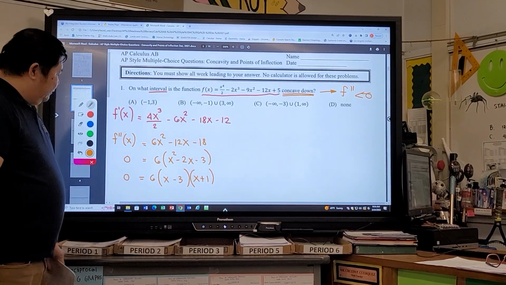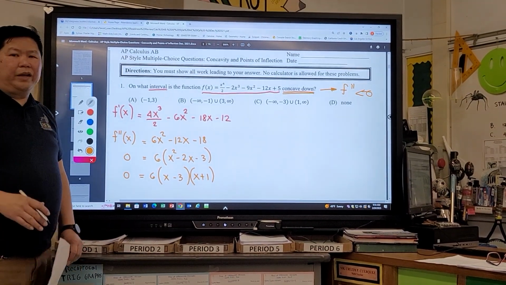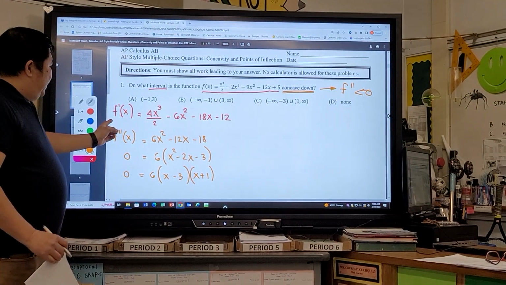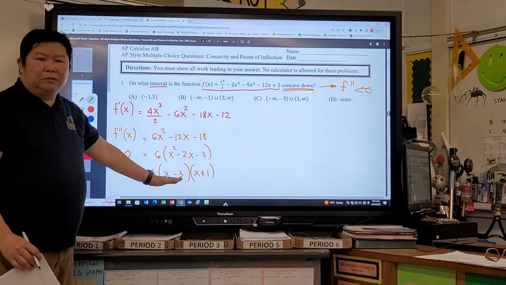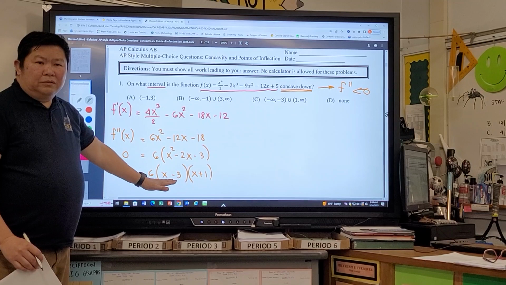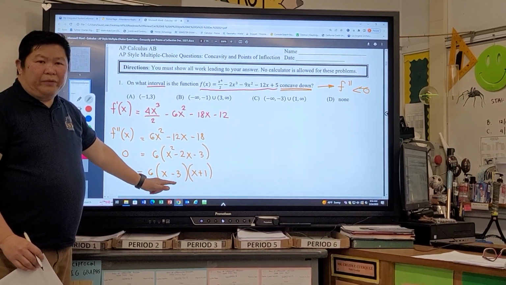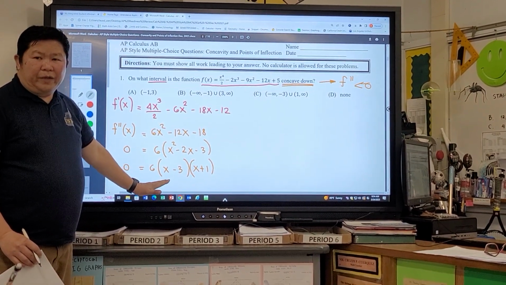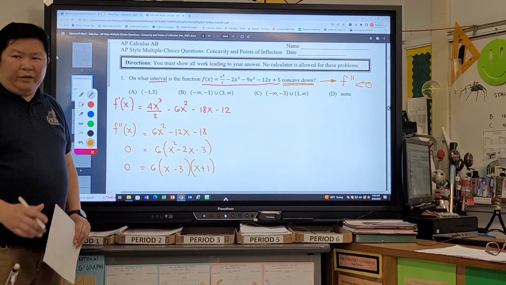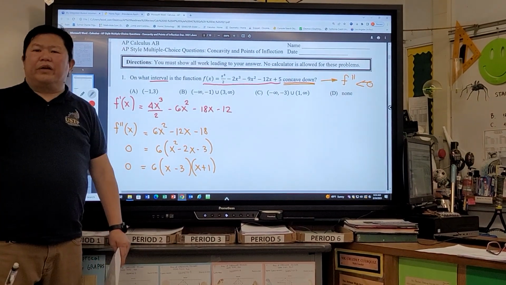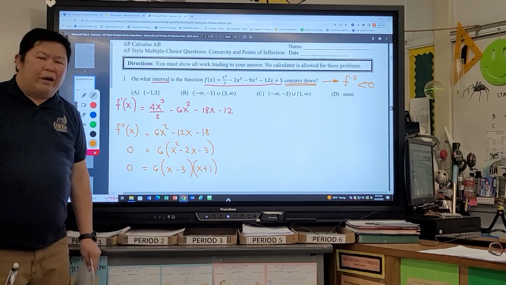Okay, so what you notice right here, guys, this is now the candidates for the points of inflection, the POI. Can you still recall the previous lesson that we had?